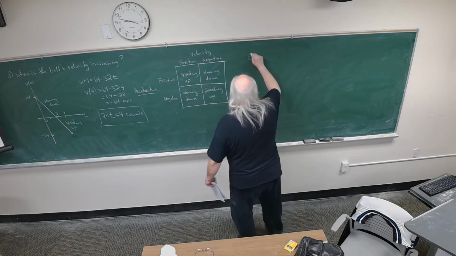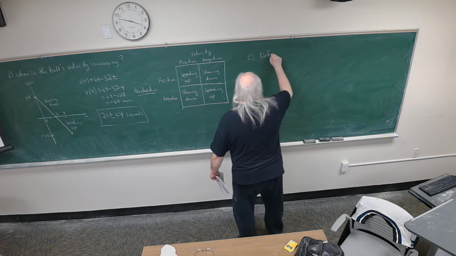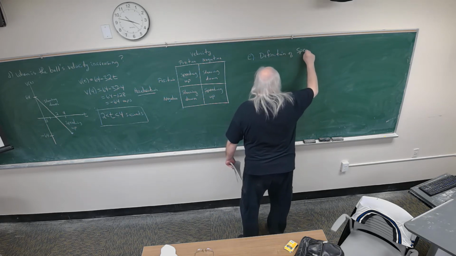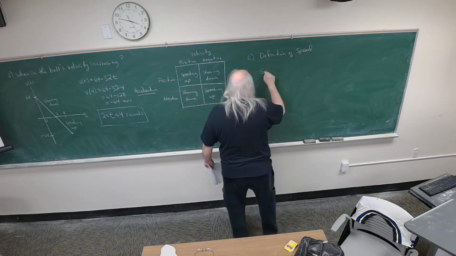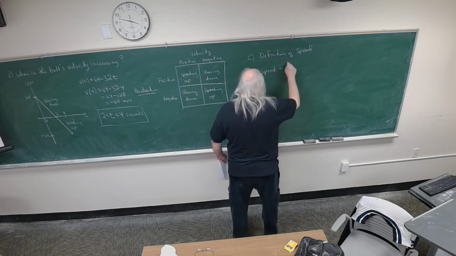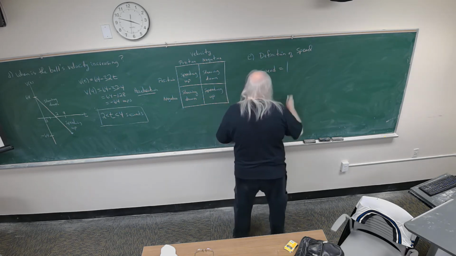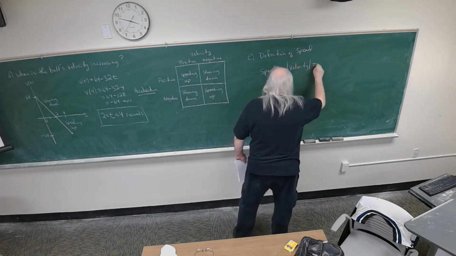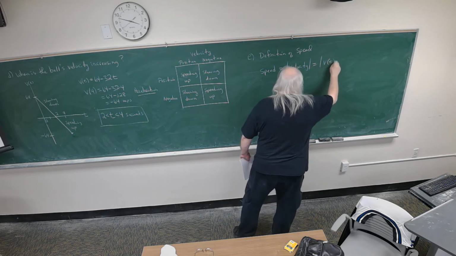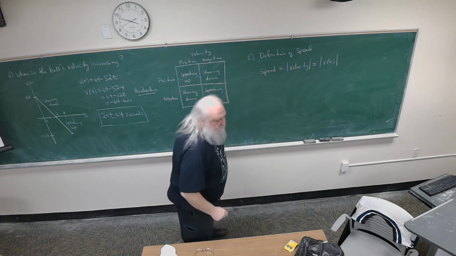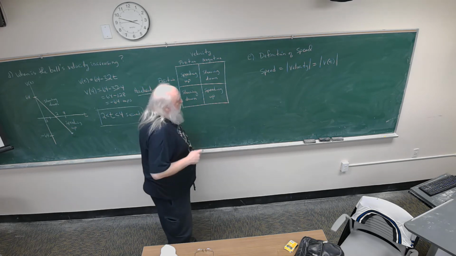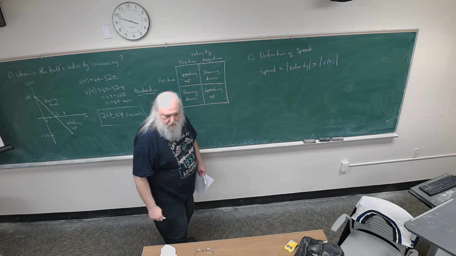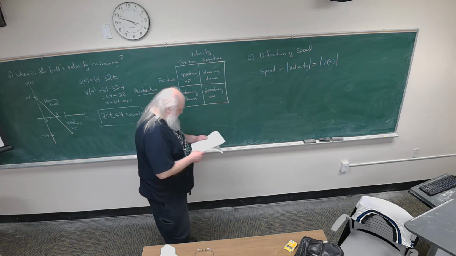So the definition of speed is the absolute value of velocity, which we use v of t for its function. Okay? So when we talk about 55 miles per hour, that doesn't tell us what direction we're going. Okay.